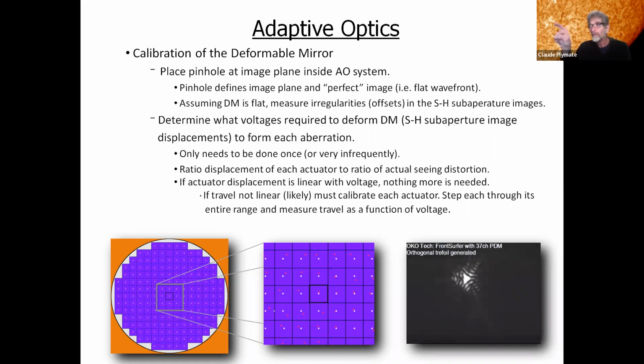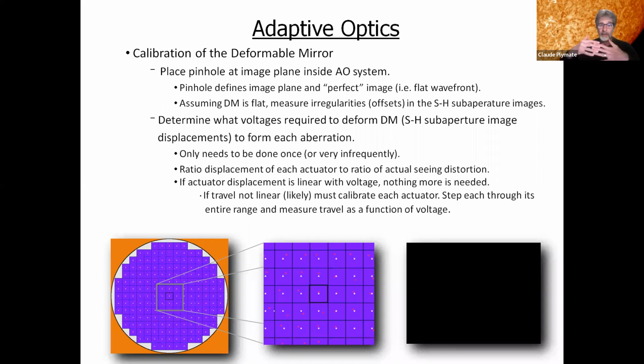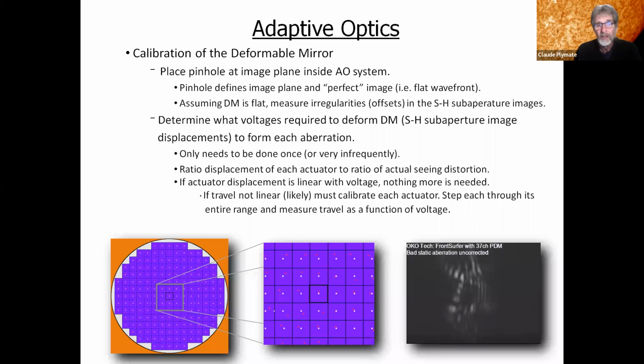That's where a flat wavefront is mapped onto the Shack-Hartmann. Great. Then we need to determine what voltage actuator by actuator on the mirror is required to create each of those aberrations, each of those Zernike polynomial aberrations, starting with tip and tilt and defocus, et cetera, et cetera.